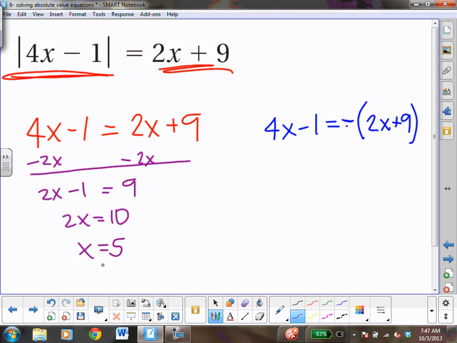X equals 5. Or, if I distribute the negative sign, I should end up with a second solution. Notice, both terms have a sign change. If I only change one, I'm going to end up with an incorrect answer.